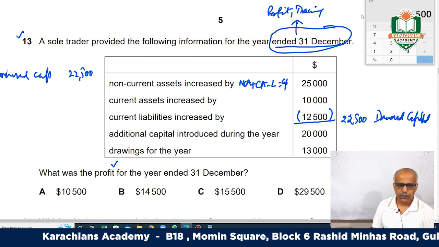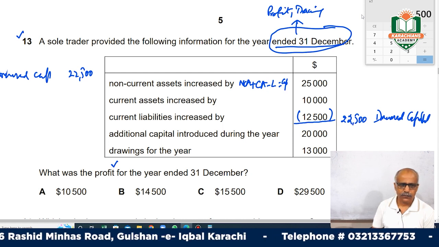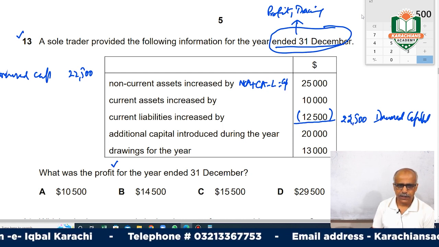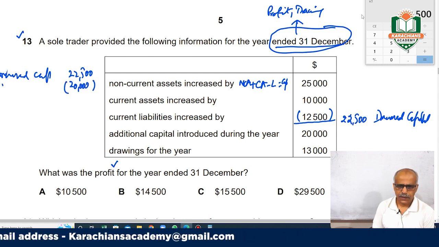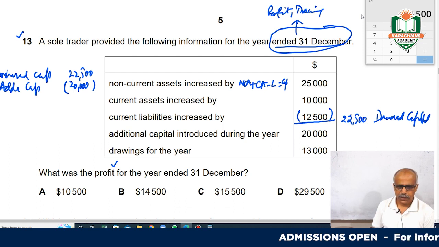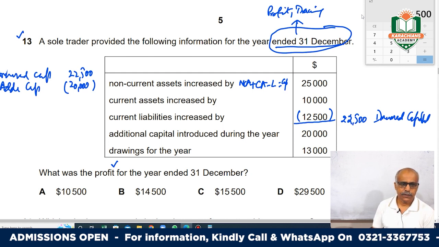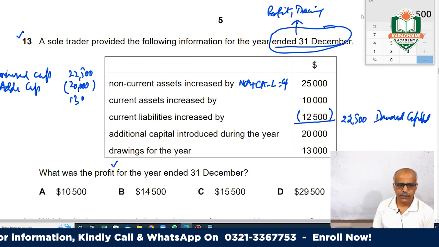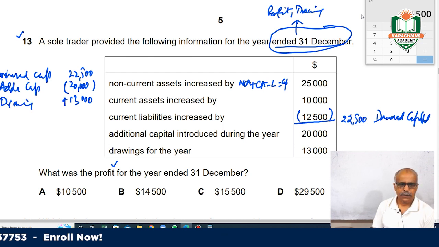Additional capital introduced is also part of it, which is 20,000. So you deduct the additional capital, because it is already part of this increased capital. And drawings have already been deducted, so you add them back. You reverse that calculation, and the net difference gives you the profit. Very simple.